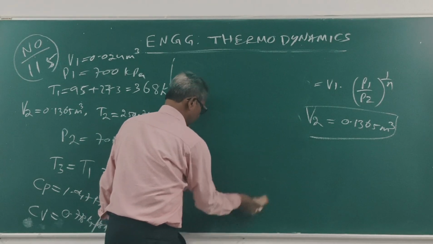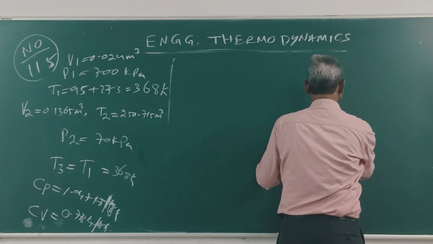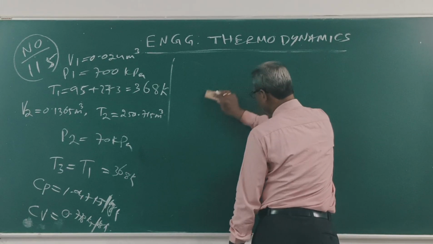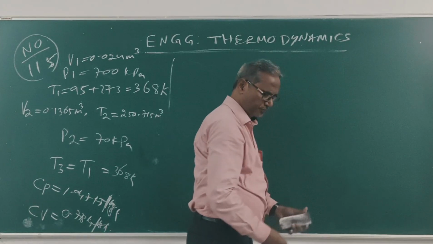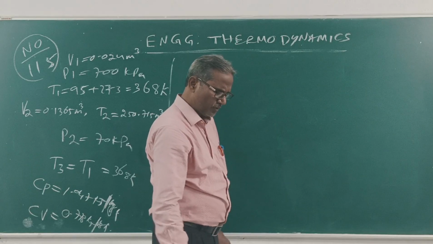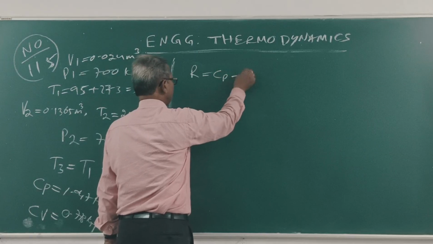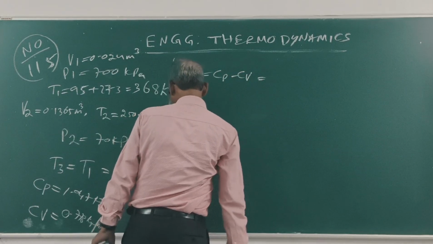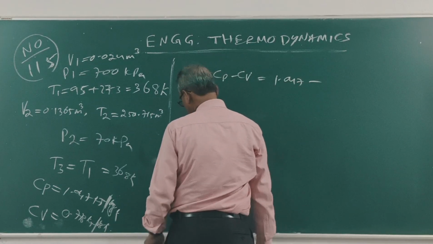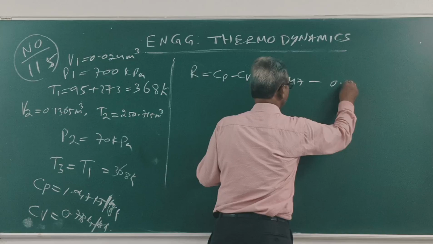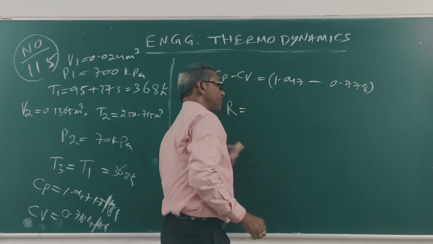Now R, what is R equal to? Cp minus Cv, 1.047 minus Cv means 0.778. So R, clear?